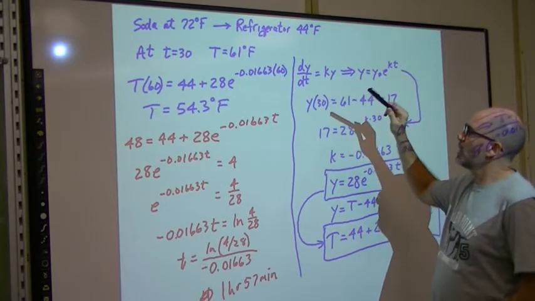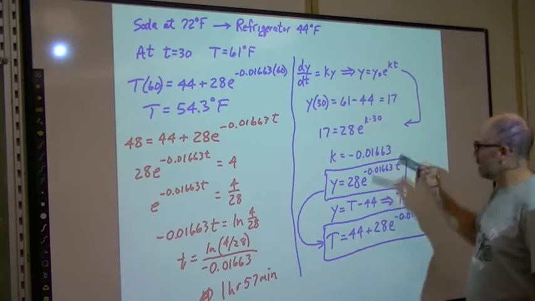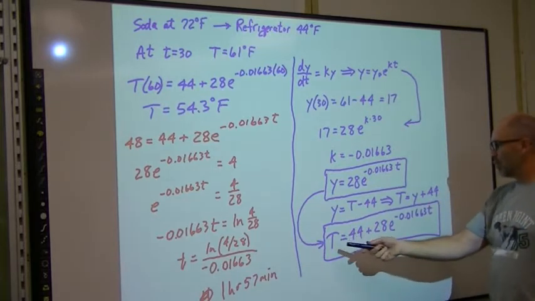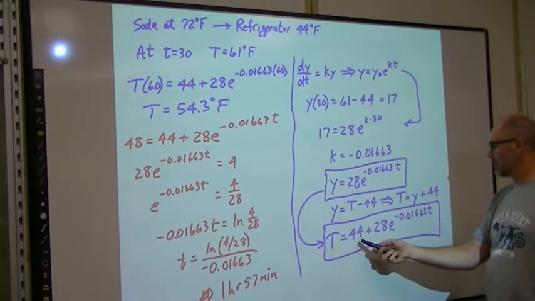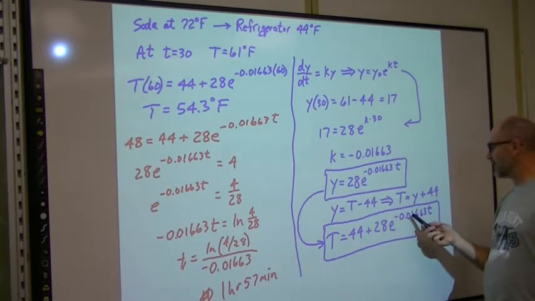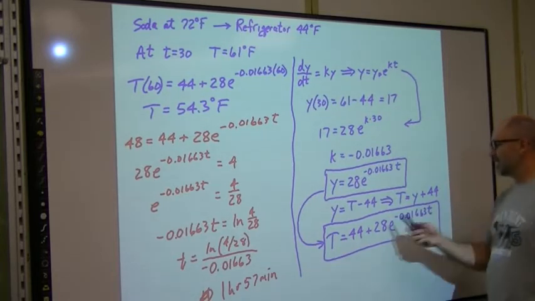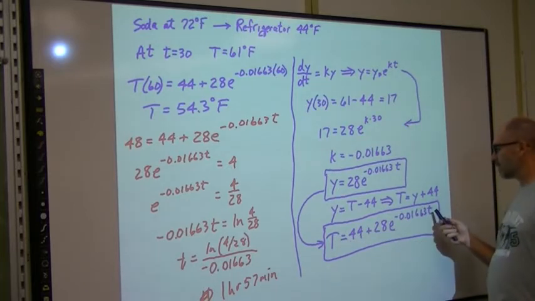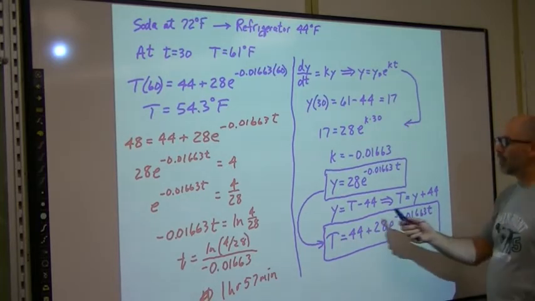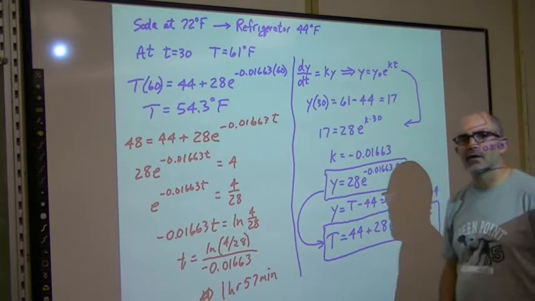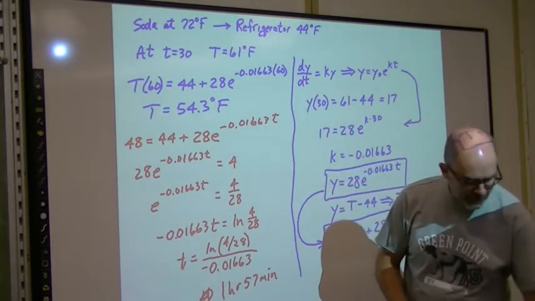And what we're doing is getting it into an equation where you've got T equals something times e to some number times t, and then for any temperature I want, I can find out what the time is. Any time I want, I can find out what the temperature is. So that's it. Have fun with these.